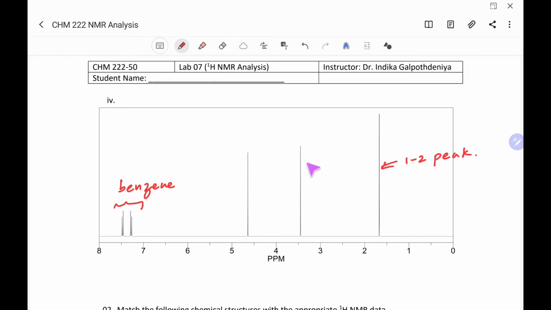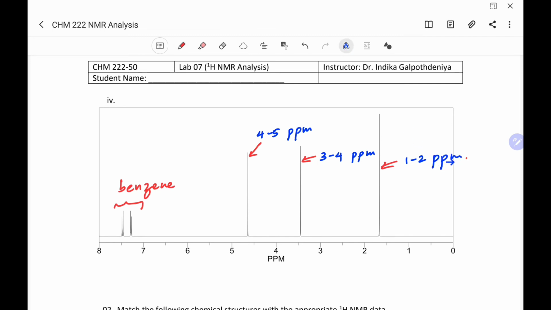And then you should have a peak around 3 to 4, and this peak right here is 4 to 5. So these are the peaks that we have: it should be 2 to 3, 3 to 4, and 4 to 5.